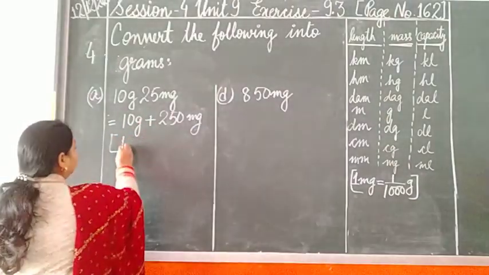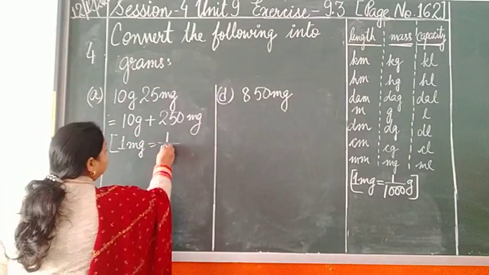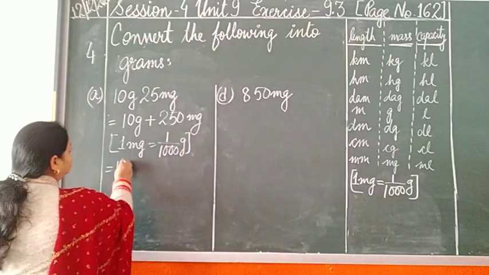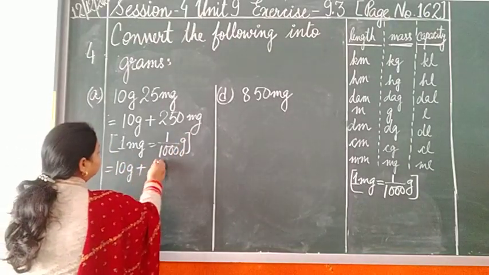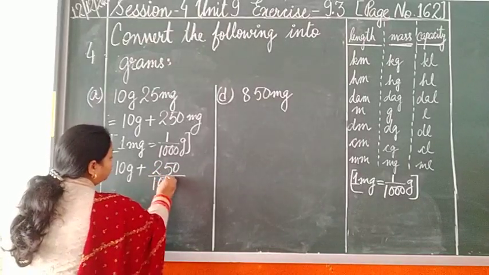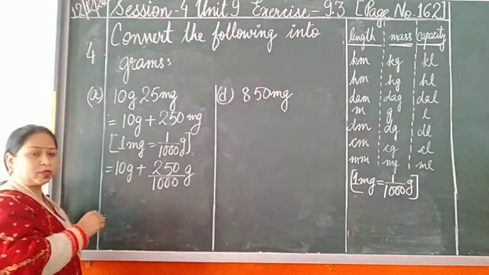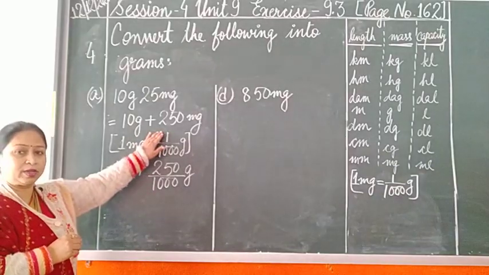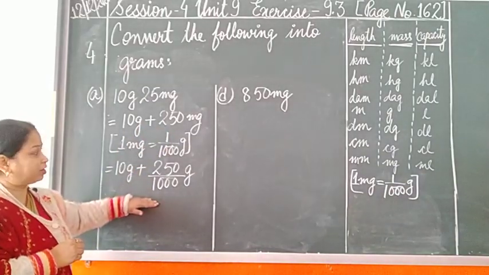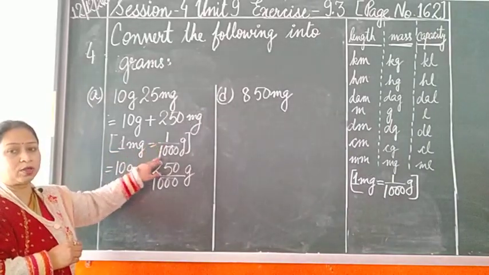We have written over there 1 milligram equal to 1 upon 1000 gram. So 10 gram plus this 250 will be divided by 1000, milligram will be replaced by gram. Okay. We have to change this 250 milligram. So this 250 will be divided by 1000. Why will it be divided by 1000? Because the conversion says that 1 milligram equal to 1 upon 1000 gram.